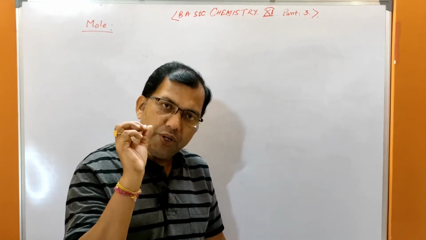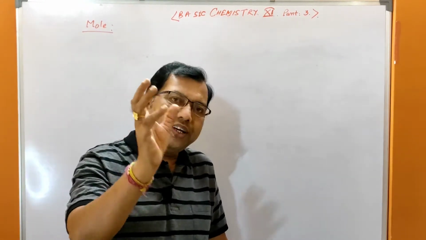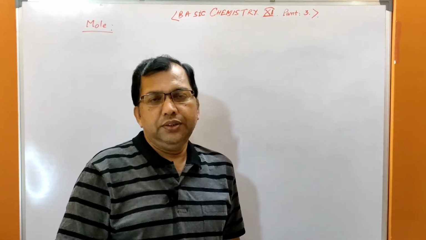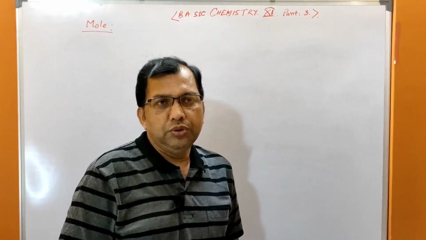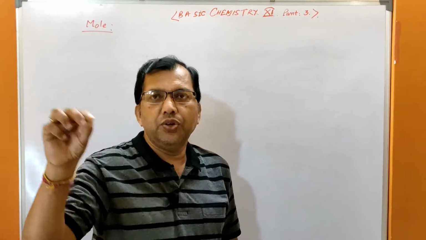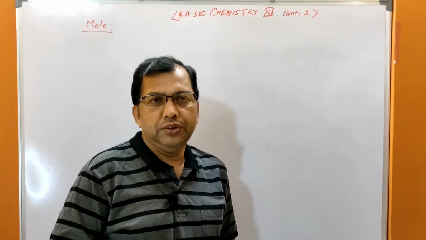We require some unit to indicate large numbers or small numbers. To indicate a large number, it is not possible to write 6.022 times 10 to the power 23 every time.